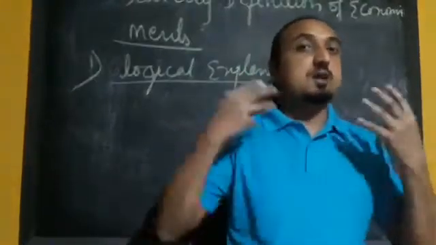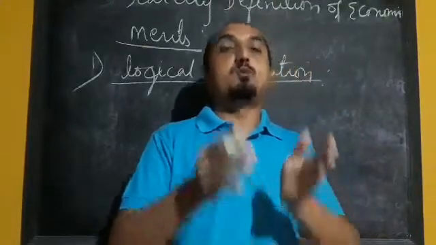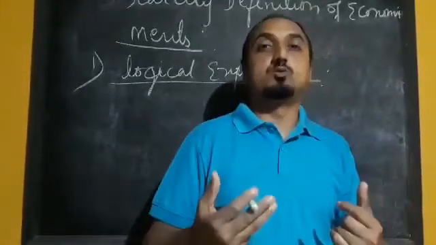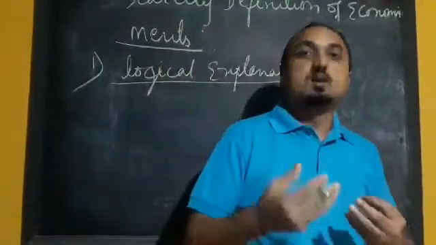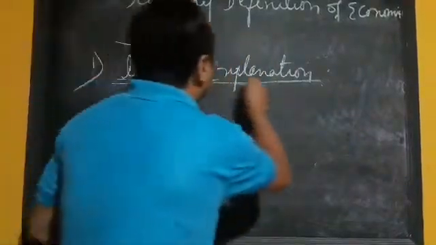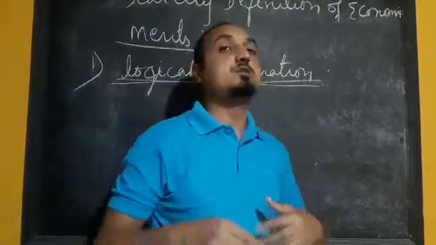On the basis of that logical or systematic explanation given by Professor Robbins, this definition is considered superior to the definitions of other economists. So the first merit, or the first advantage, we have is logical explanation.